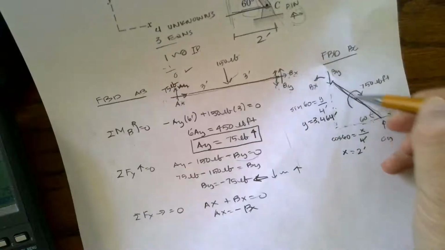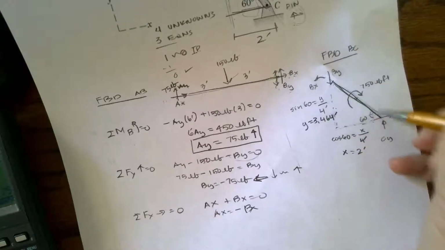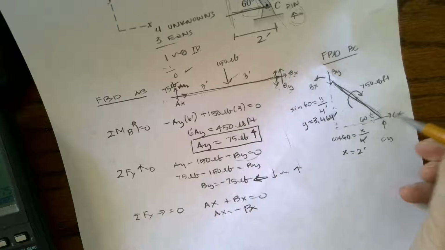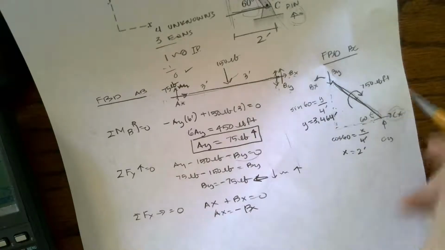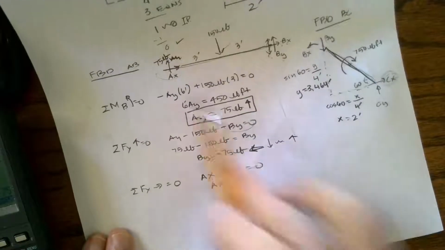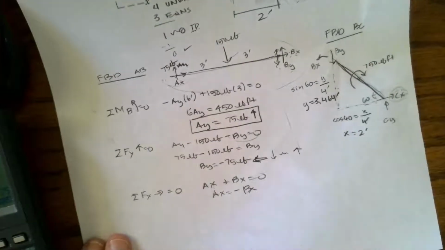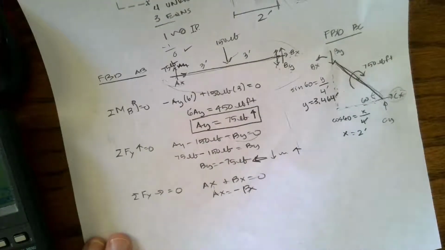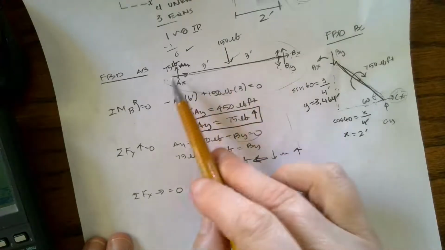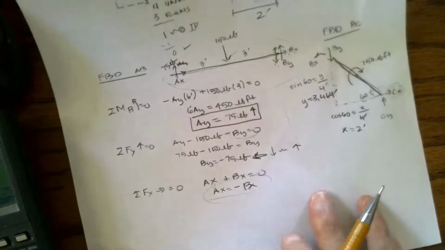But because I have this member putting in x and y components, I'm going to have to be pushing back with an x component here, which means overall AX is going to have value. But my actual equation for this member is AX plus BX equals 0. It is not that AX and BX are both 0. And if I had assumed one of these in the correct direction, I would have had that they just equal each other without that negative sign.